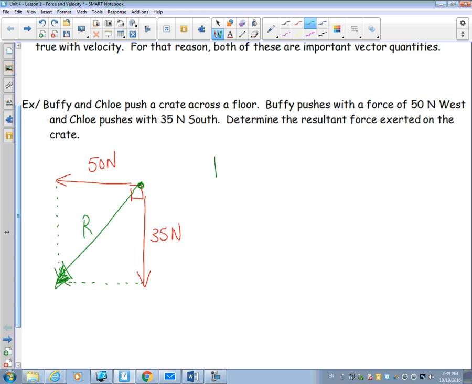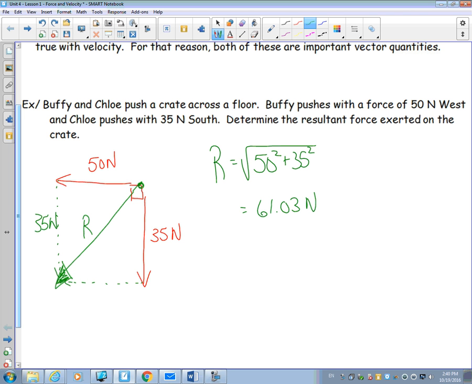So resultant will be the square root of 50 squared plus 35 squared. We can move the 35 over here. We've got a Pythagoras question. The square root of those two things together comes out to 61.03 newtons.